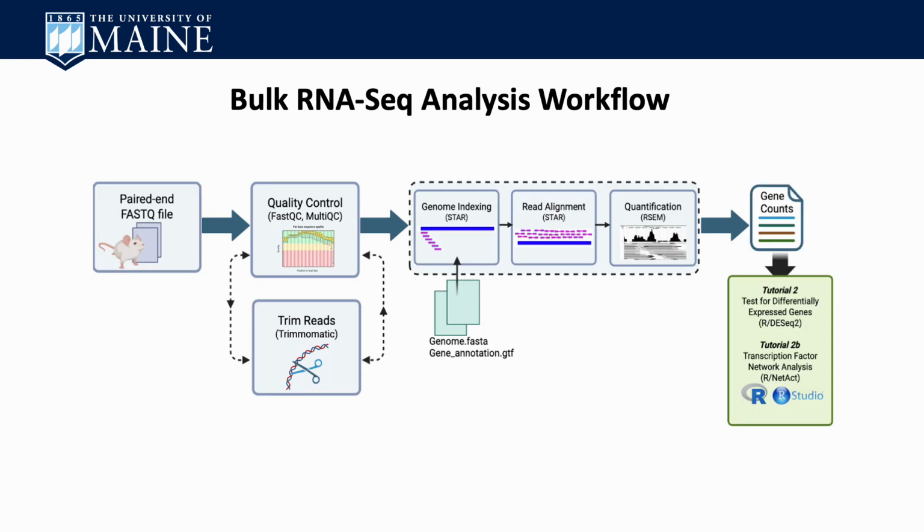With different RNA sequencing data sets, there is a basic analysis workflow that consists of doing some quality control diagnostic analyses of your reads, as shown on the left, and then mapping those reads to a reference genome or transcriptome.